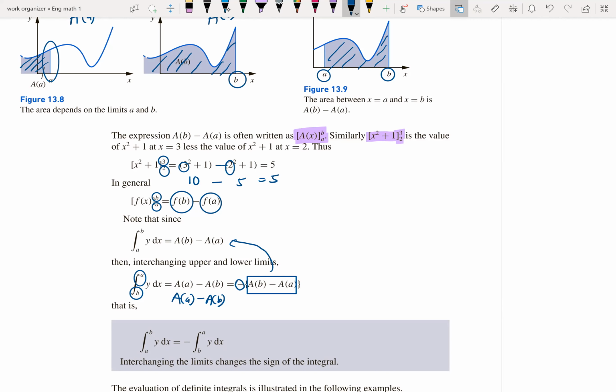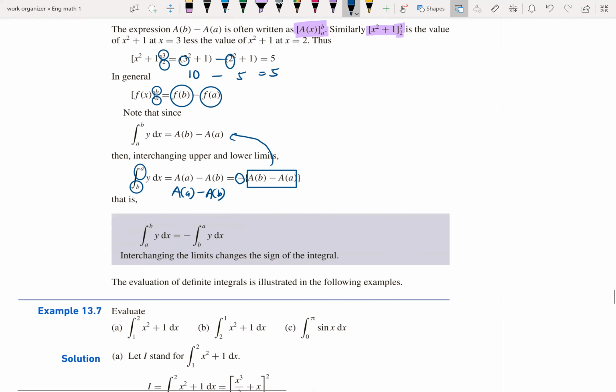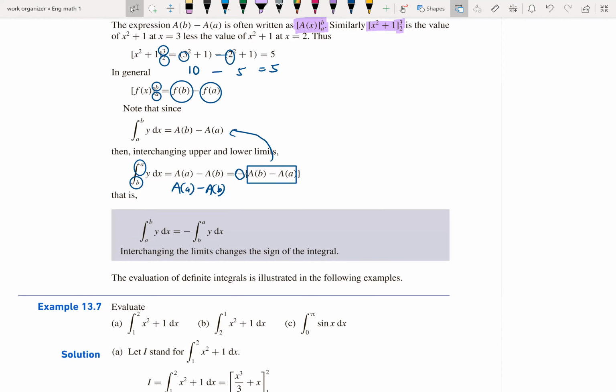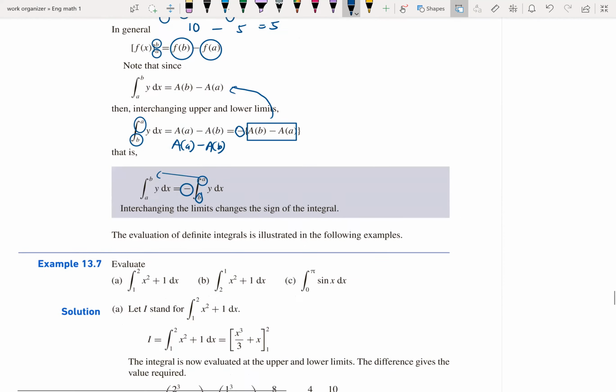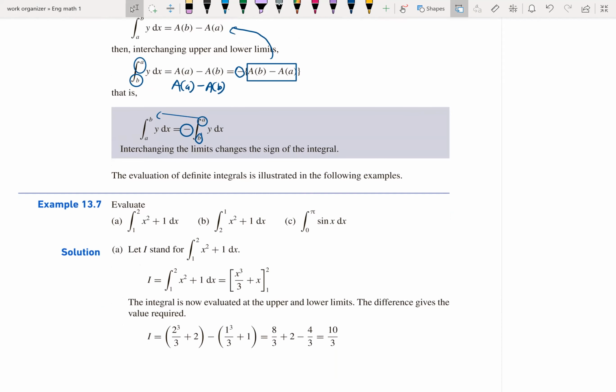It is just the reverse of this one, so we just add a negative here. The answer will be the same.